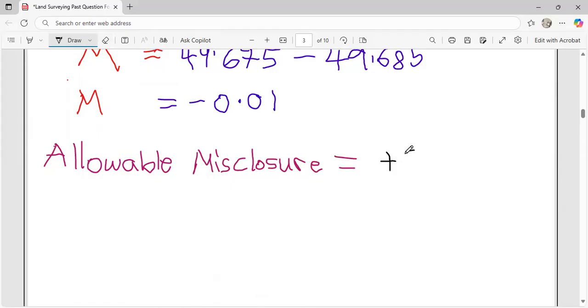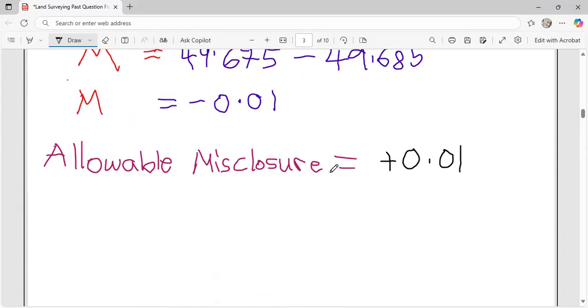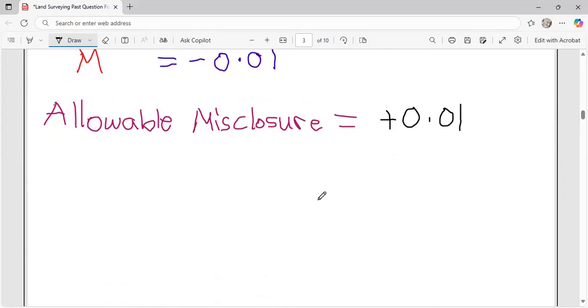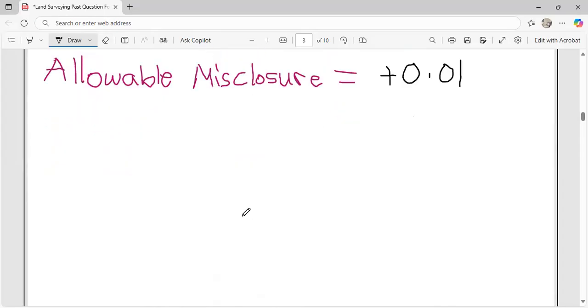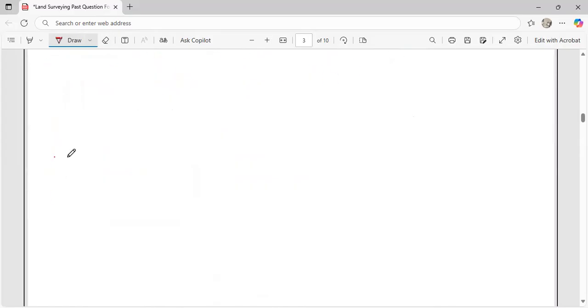It's just positive 0.01. We say that the misclosure must always be smaller than the allowable misclosure. So from there, we can now calculate for adjustments.